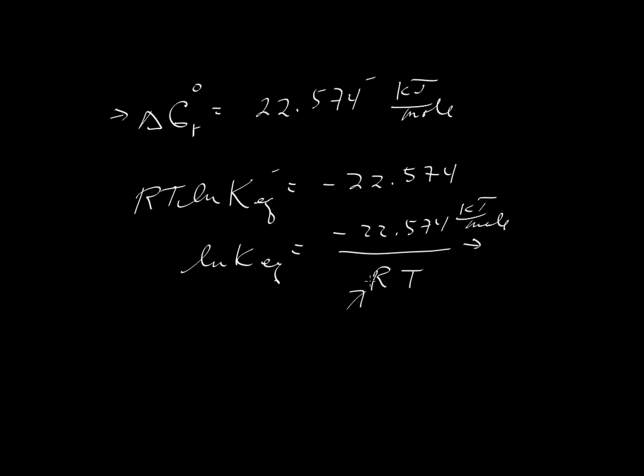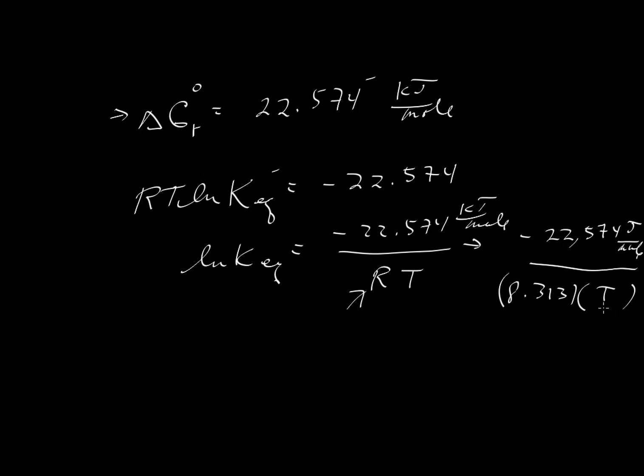So if we're going to use a value of 8.314, we're going to have to convert this to joules per mole. So we get minus 22,574. That's in joules per mole. That's a 7 right there. And then we'll use a value of about 8.313 or so. And then we have to divide this by the temperature.